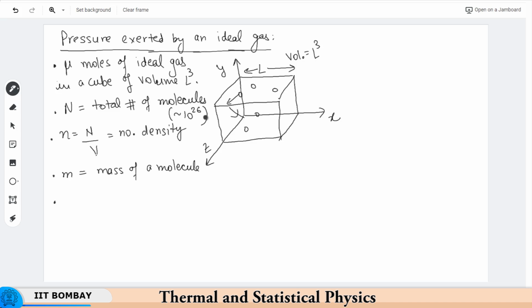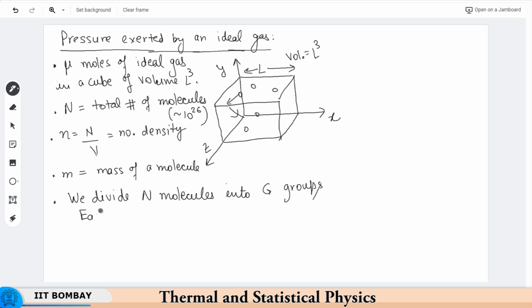So, for convenience we divide N molecules into G groups, okay.